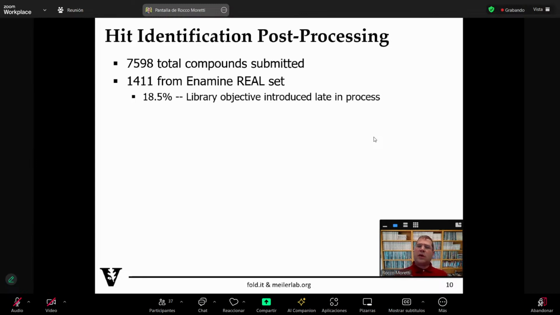I think part of the reason for this low number is the fact that we did not have an objective to give a bonus for being within the Enamine REAL library. So later on in the process, we added an objective that was specifically about, is this compound within the Enamine REAL library, or is it some other one?